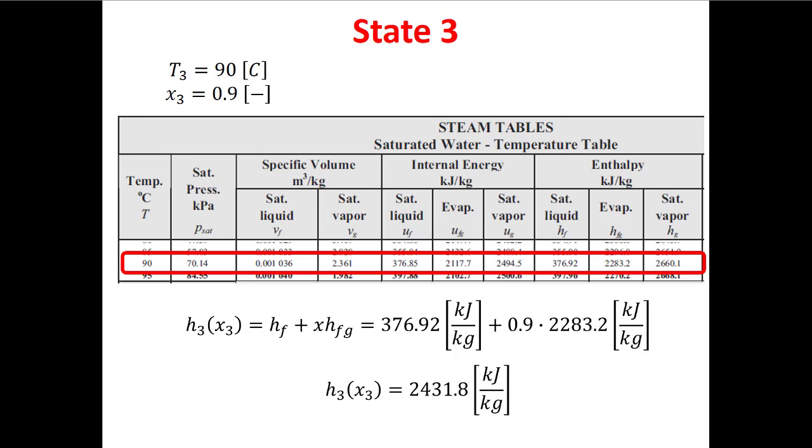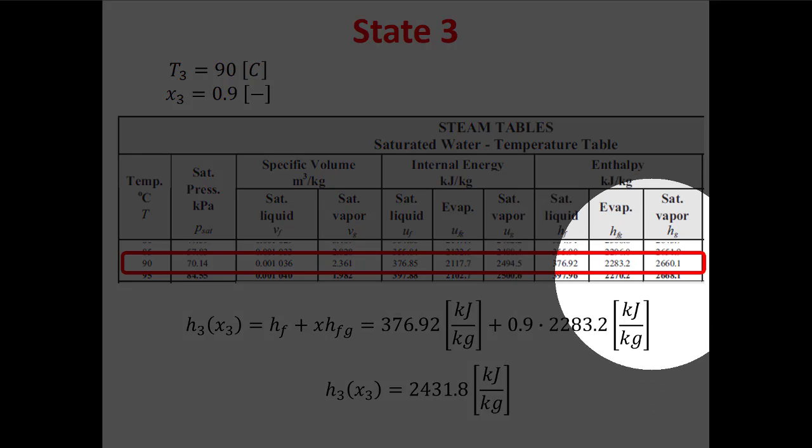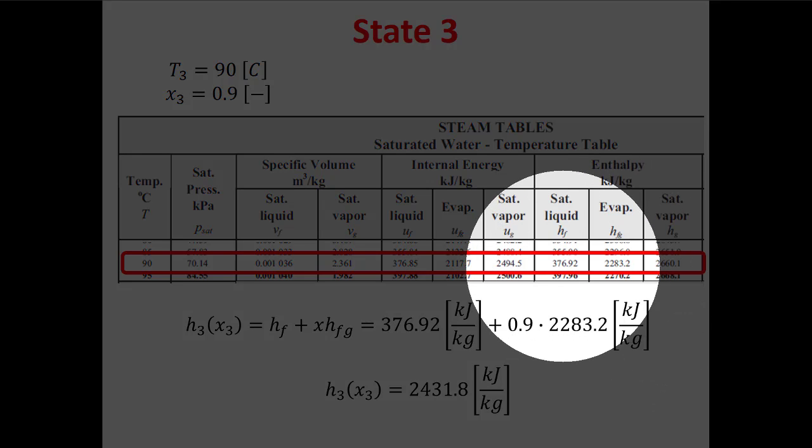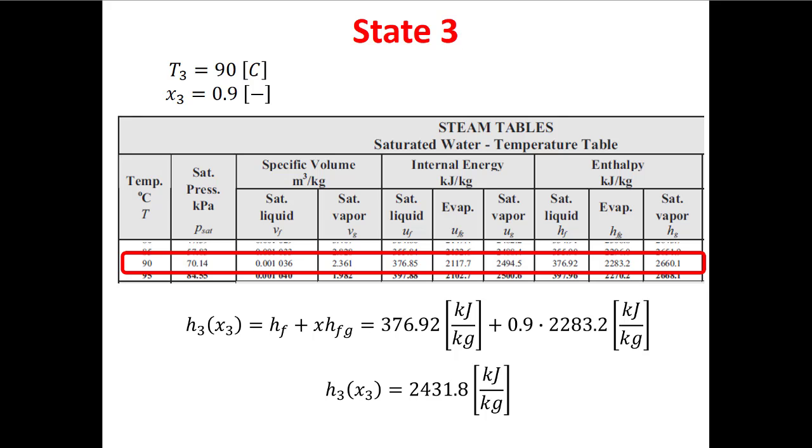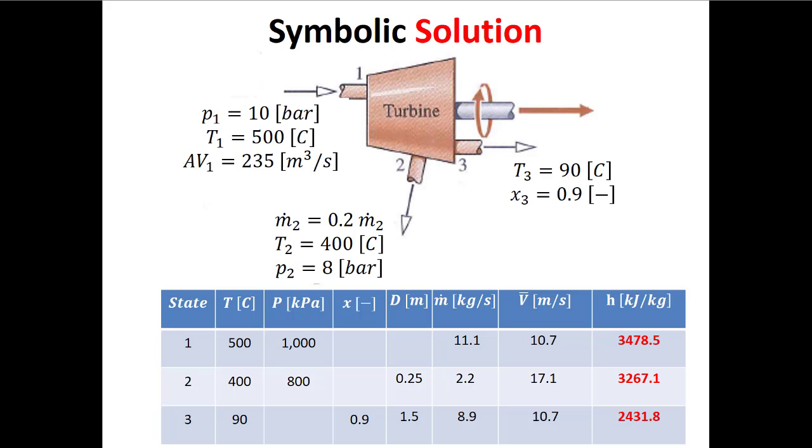So here I get that the specific enthalpy is 2,431.8 kilojoules per kilogram. I look at that, I feel like it makes sense because it's much closer to 2660 than to 377. So this seems to make sense, and the units are right. I didn't mess up the units.